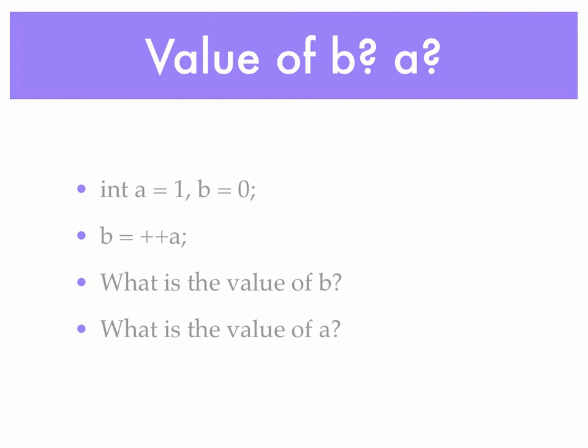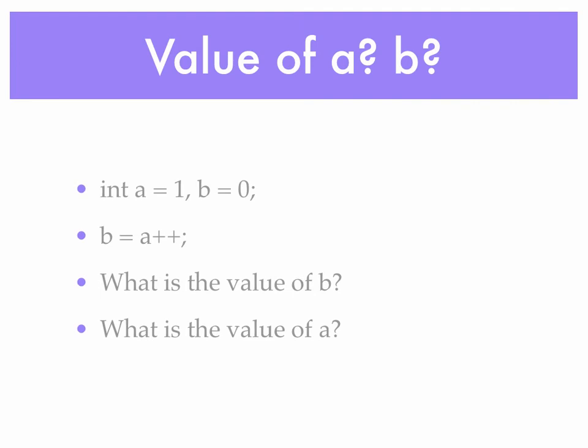Now let's look at this example. If I have an int A given a value of 1 and an int B given a value of 0, and we execute the line B equals A plus plus. The questions again are, what are the values of B and A? When we post increment or decrement, as we have here, the value that is to be incremented or decremented is returned before the action is taken.